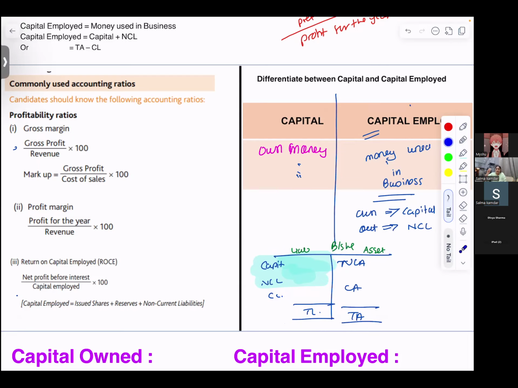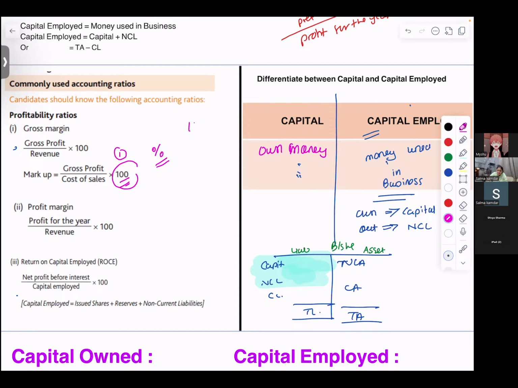Now, one more thing you have to note is that the profitability ratios all have to be expressed as a percentage. So if you have the gross profit, you put times 100. This is also important. There is a mark allocated for this, and you have to put the percentage.